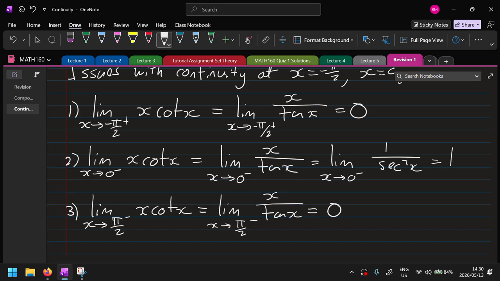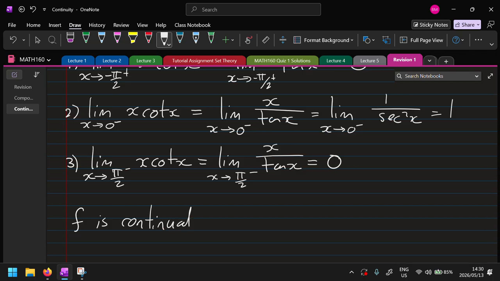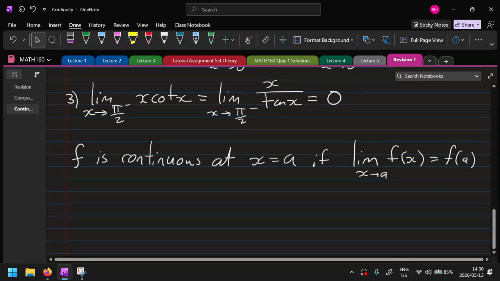So how do we make this continuous? The limit must equal the function value. So f is continuous at x equals a if the limit, which we've got now, equals the function value, which we now need to do.